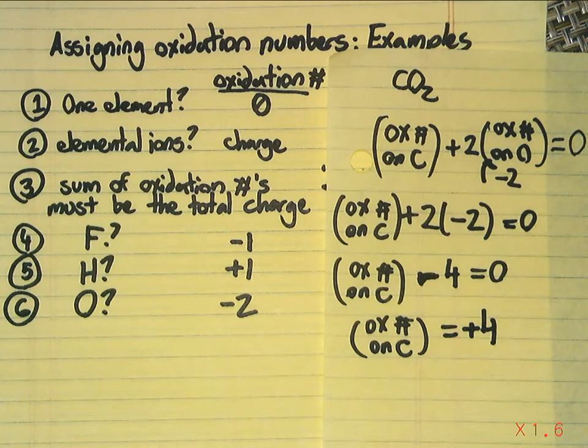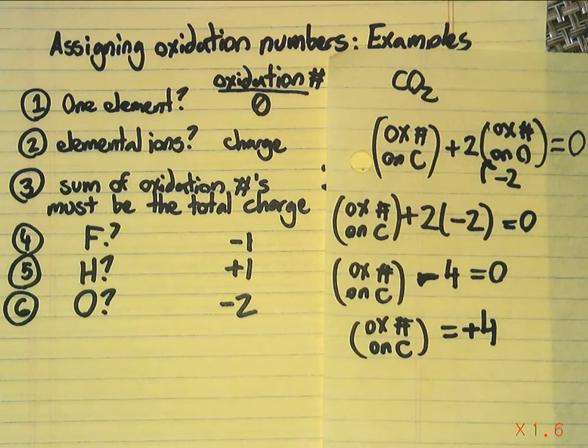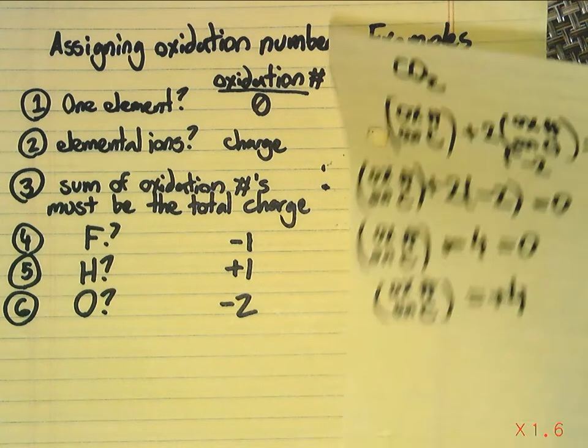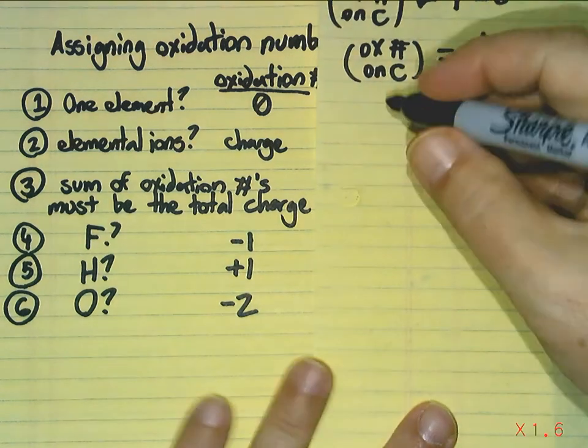So this will be what happens anytime you find a formula with only nonmetals in it. You're really going to be starting at rule 3 with this type of compound. Let's do another one. How about hydrogen peroxide, which is a bleaching agent?